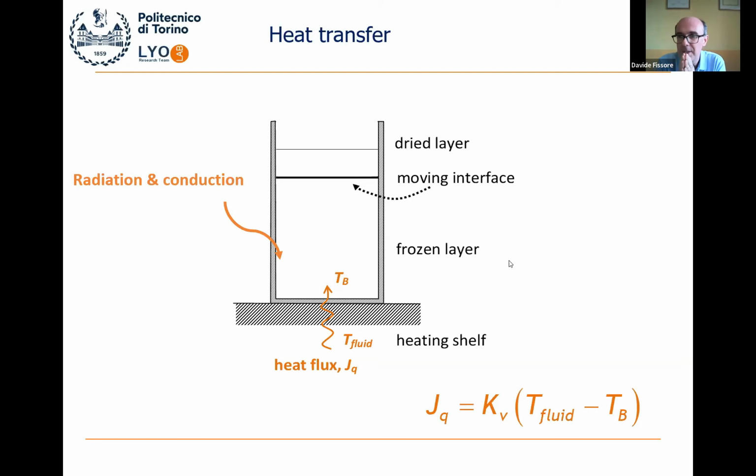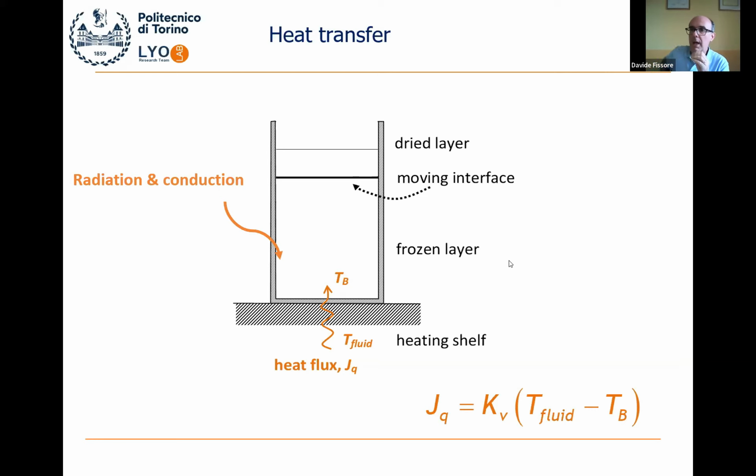A product by the difference between the temperature of the heating fluid and the temperature of the product at the bottom of the vial. This is called the driving force. And this driving force is multiplied by the overall heat transfer coefficient.